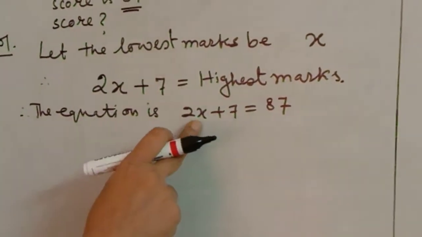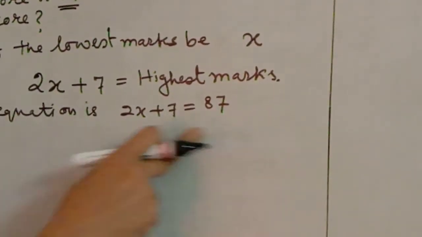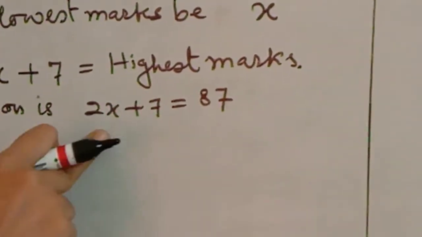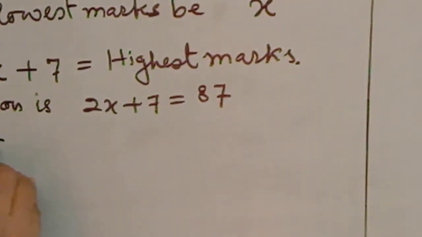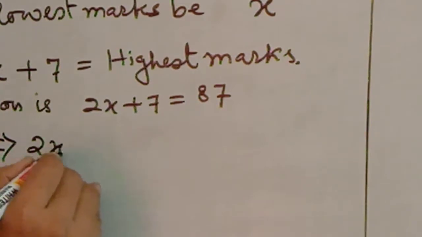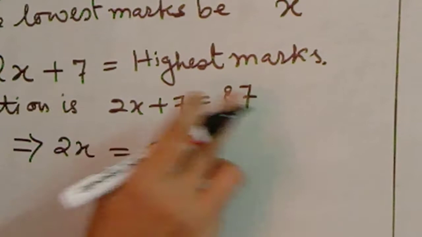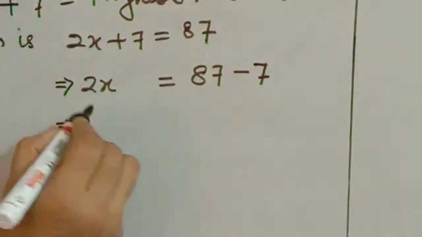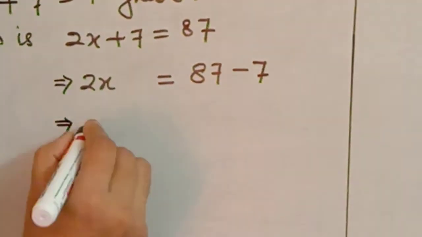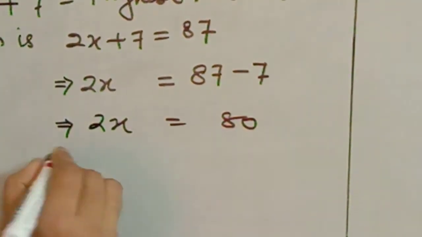Now you have to find the value of this variable, and you have to use the transposing method to separate the variable. So 2x is equal to 87 minus 7, since plus 7 goes to the right side and becomes minus 7. Now 2x is equal to 80.